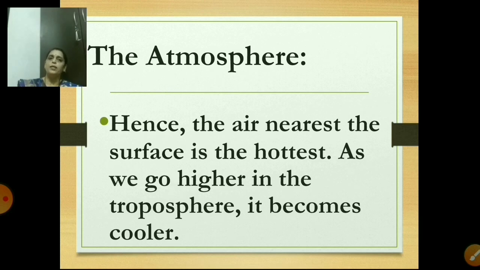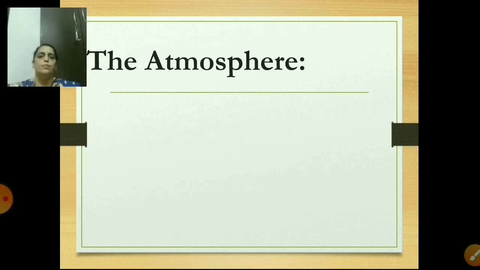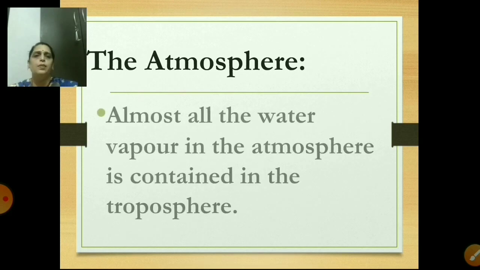As we go higher in the troposphere, it becomes cooler. So, the air nearest to the surface is the hottest, and as we go higher from the earth, the air becomes cooler.